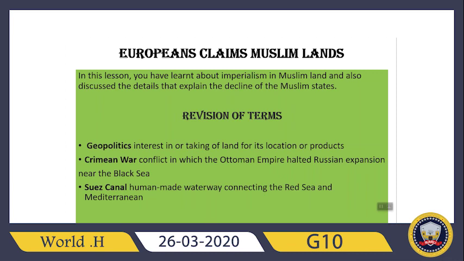Just because its location is good, you are interested in taking that land. This is called geopolitics. Then we have the Crimean War, a conflict in which the Ottoman Empire halted Russian expansion. They wanted to stop the Russian expansion near the Black Sea. Then we have the Suez Canal, a human-made waterway that connects the Red Sea and the Mediterranean.